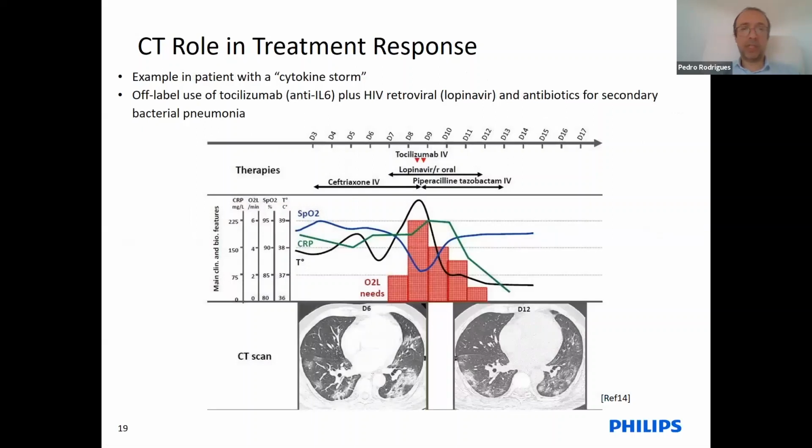Okay, so that's just an example. Here is a patient with a cytokine storm, a patient that typically at one moment needs to start receiving oxygen, and at that moment they started with an anti-IL-6 to control the cytokine storm, plus an HIV antiretroviral, so off-label use, still overlapping with antibiotics for secondary bacterial pneumonia.